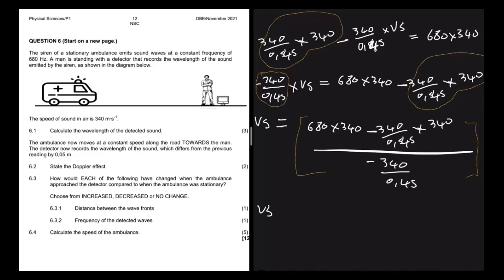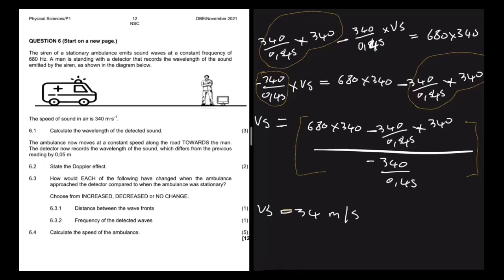So I'm putting it on my calculator right now. So divided by minus 340 divided by 0.45, and that is exactly 34. Oh, 34. Why am I writing 340? Exactly 34 meters per second.